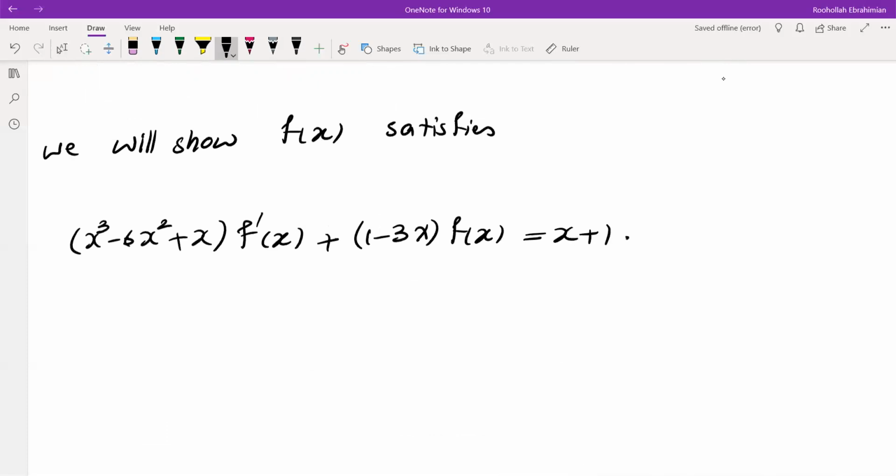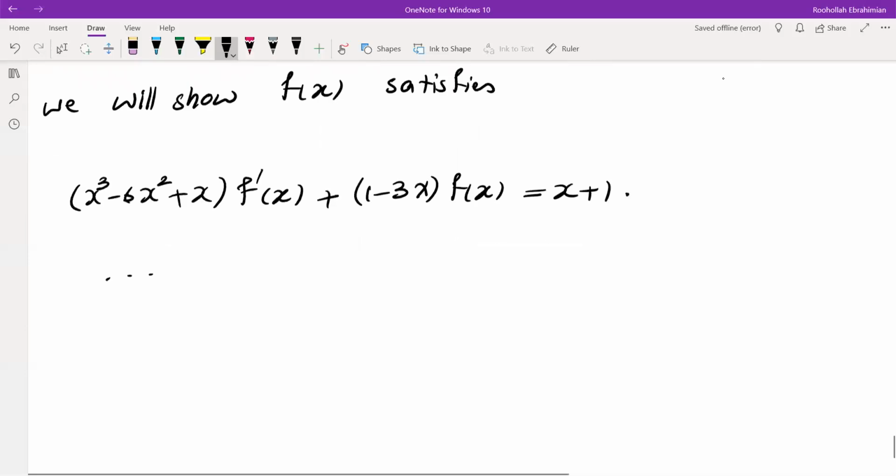For this one, you just take the derivative. It's pretty straightforward. Just take the derivative and plug it in here and then show that this is true.